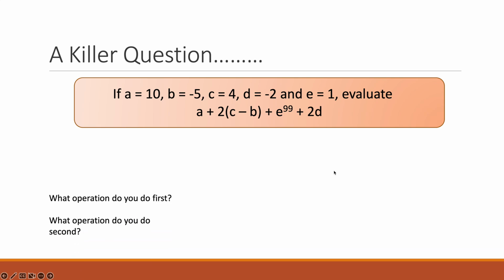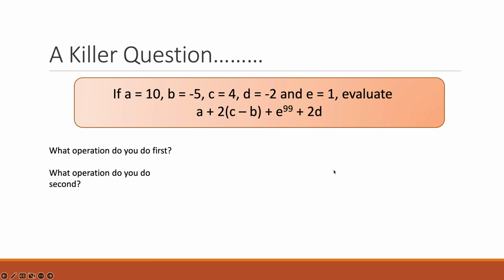Okay, 2 questions to do first. We'll do those now, and then we proceed forward with the question. What operation do you do first? Look that over. Now, you remember we talked about this, and there's a tendency among some students to say, oh, the first operation is the parentheses.